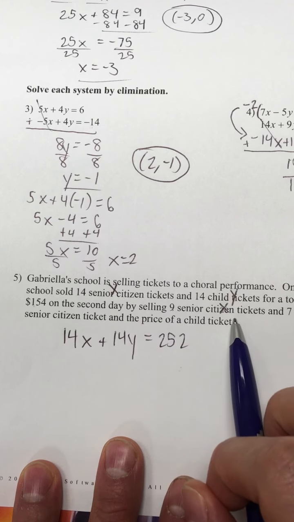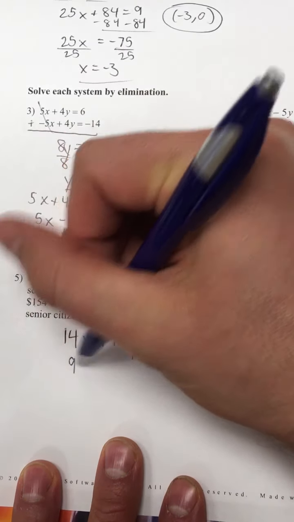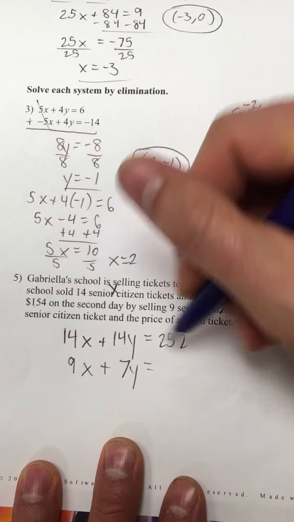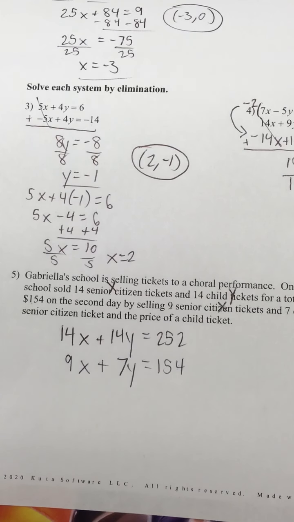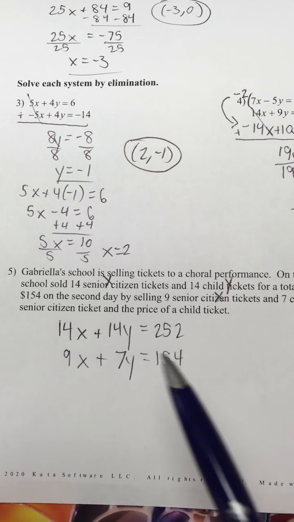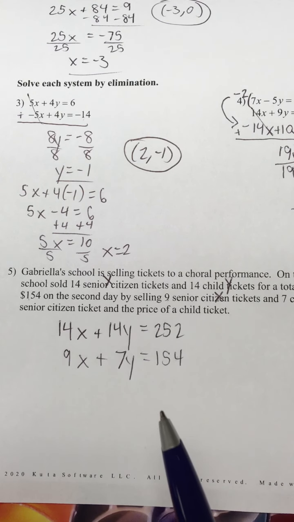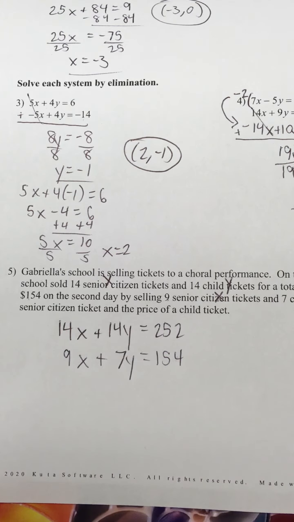They sold 9 senior citizen tickets, so 9x, and 7 child tickets: 9x plus 7y equals 154. Those are my 2 equations. Now, really quick, I want you to pause the video and try to solve this. Would it be easier to use elimination or substitution? It would be easier to use elimination. They all line up. So pause the video now and try to solve it.